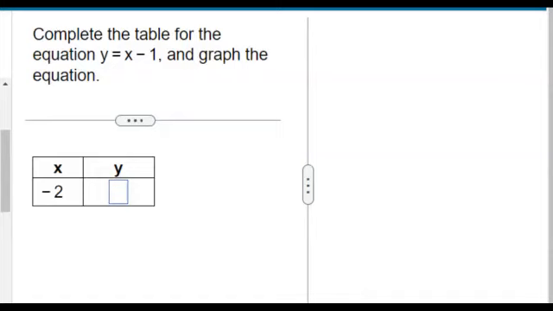So the part of the homework over linear equations starts off with making a table. And here you can see they've given us a rule, and that rule is y equals x minus 1.